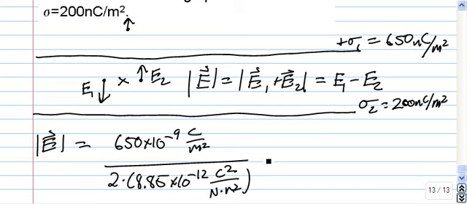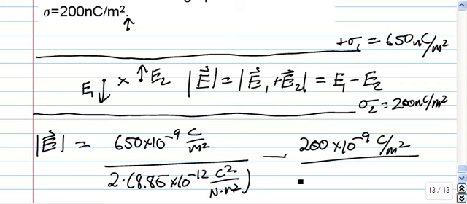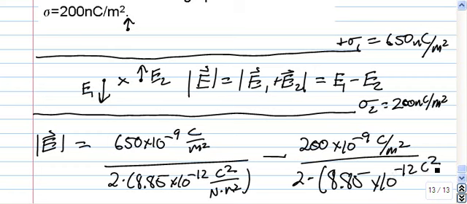Let's get the expression for the bottom sheet. We subtract it because the vectors go in different directions. 200 nanocoulombs over 2 times the constant epsilon naught, 8.85 times 10 to the minus 12 coulomb squared per newton meter squared.